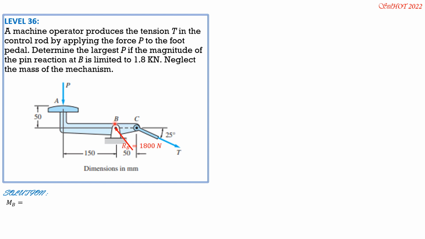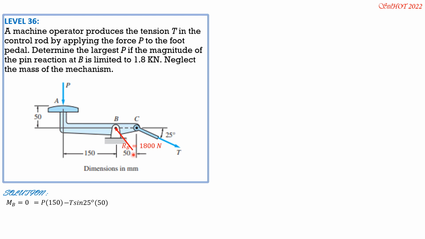So first, summation of moments at B equals 0, considering counterclockwise positive. So we have P times 150. Then the horizontal component of T passes through B, so it has no moment, just the vertical. The vertical component is T sine 25, and it is clockwise. So minus T sine 25, moment arm is 50 mm.